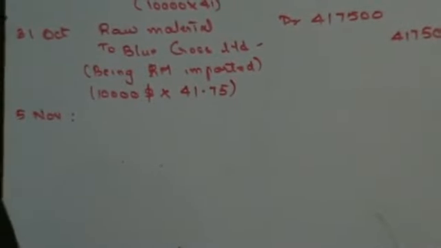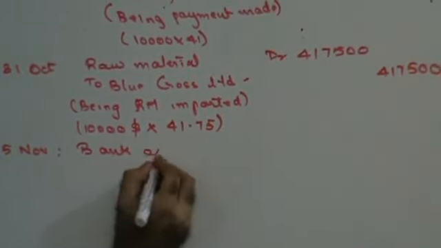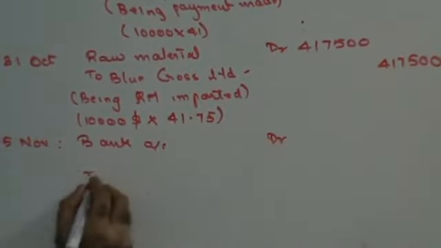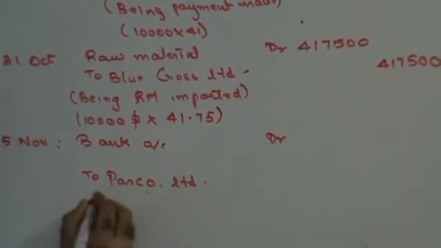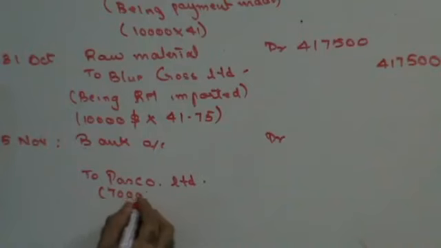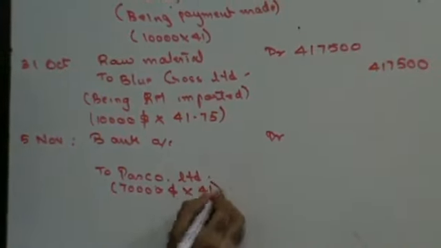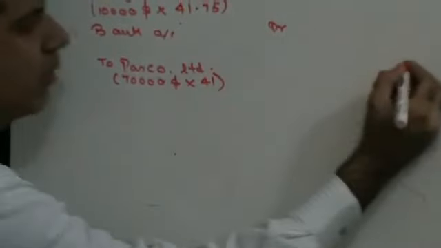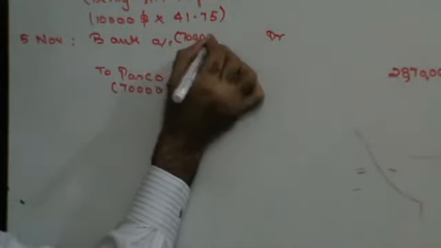On 5th November, they are saying that you have received payment from Pasco. Money is coming in. Bank account debit to Pasco Limited. You have received $70,000 from Pasco. You had sold to Pasco at the rate of 41, that is 28,70,000.